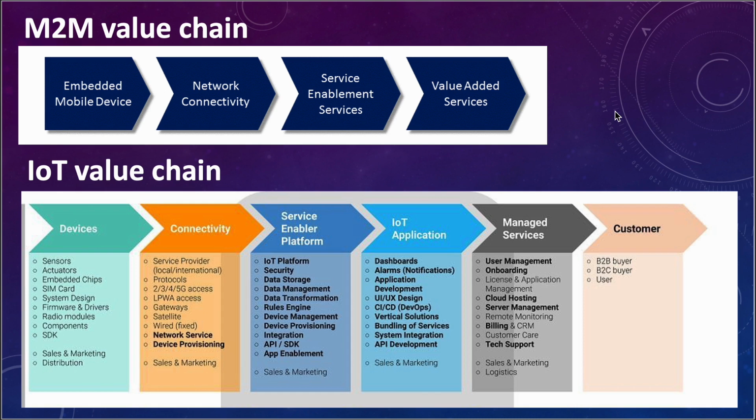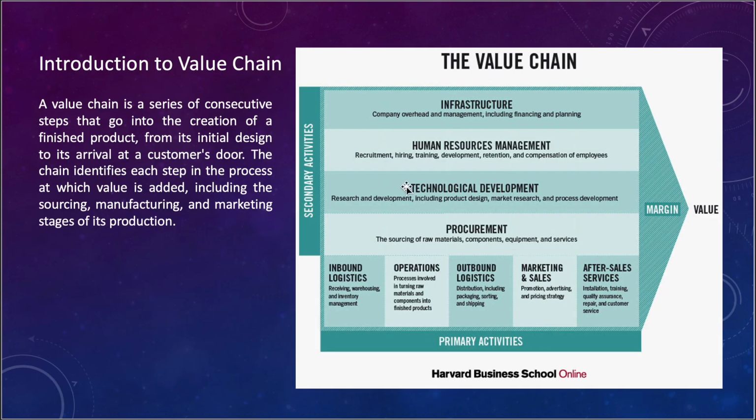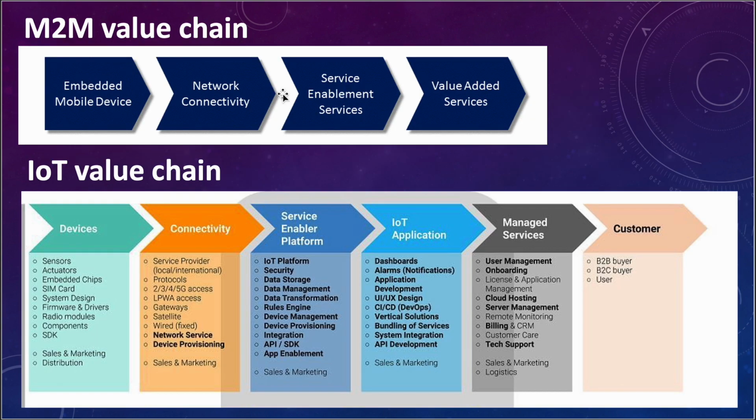So if you talk about the first one, this whole chain itself could be inside a company, right? If you go to this value chain diagram, which is a general concept of it, for the set of primary activities, this whole value chain could be there, right?